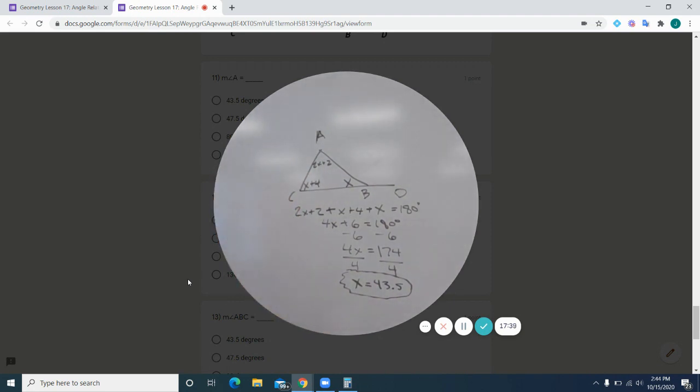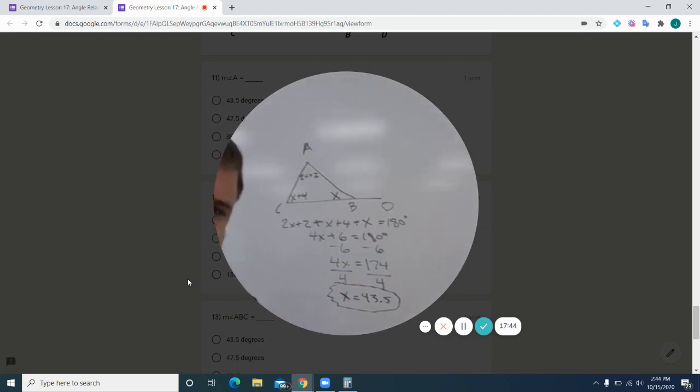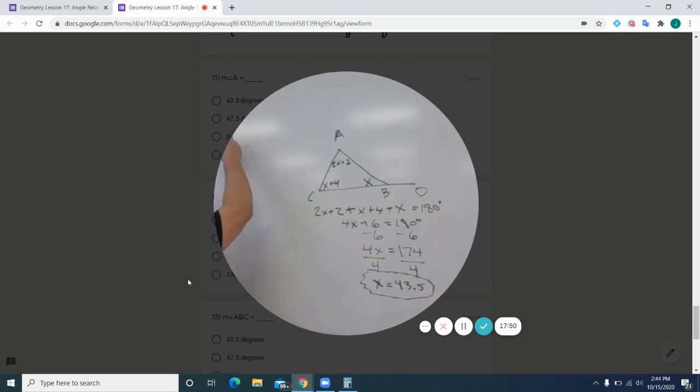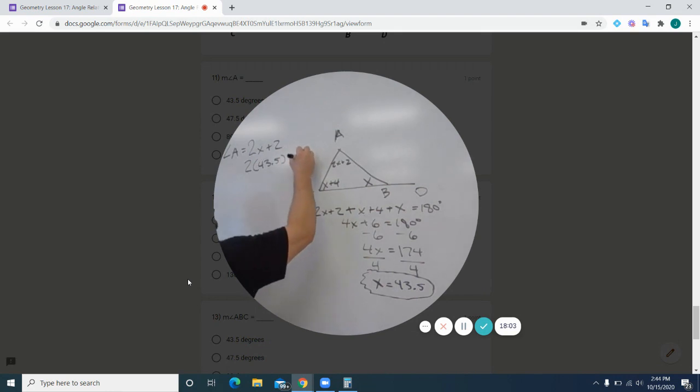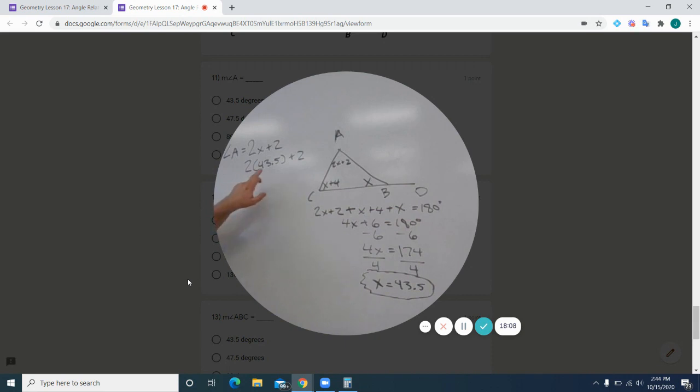So 2 times 43.5 is 87, plus 2, and so we get 89.